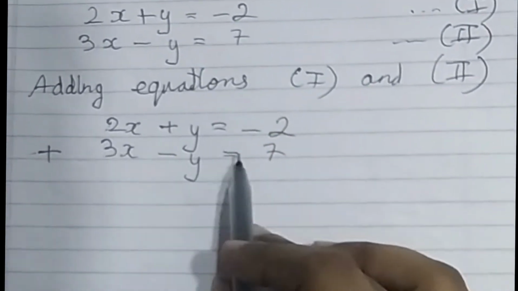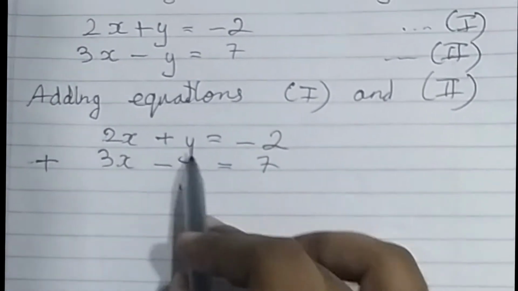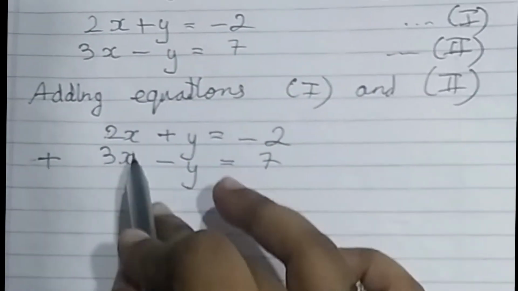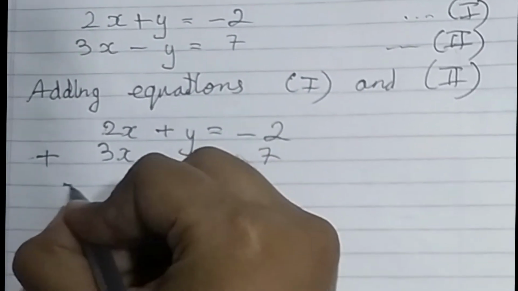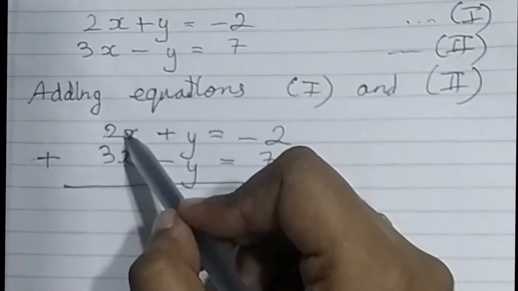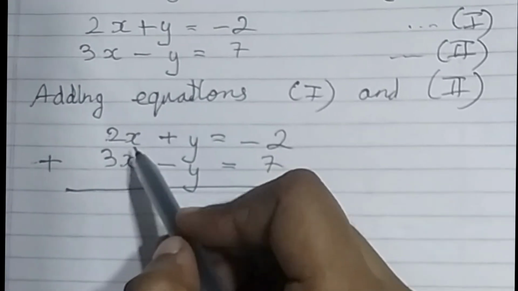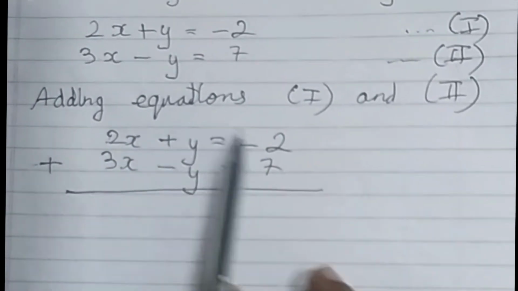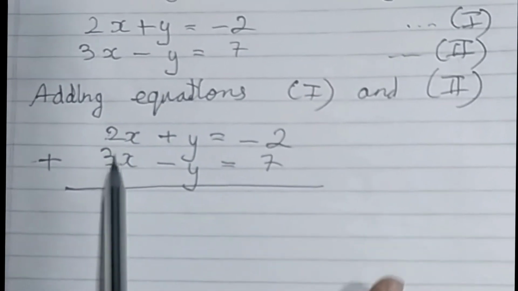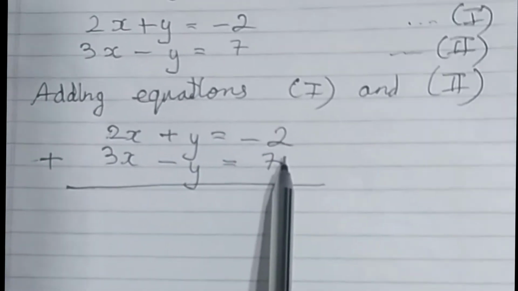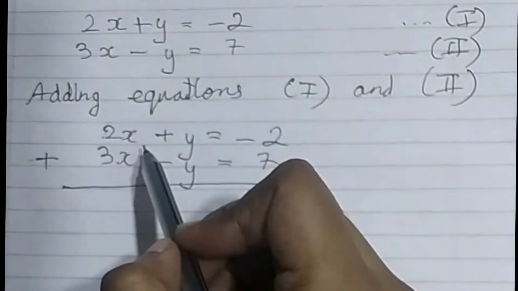Since we are adding both the equations, there will be no change of sign. We will just add it. Only the same variables will get added up. We will write the x term one below the other, then the y term and the constant term. This way it will be easy.